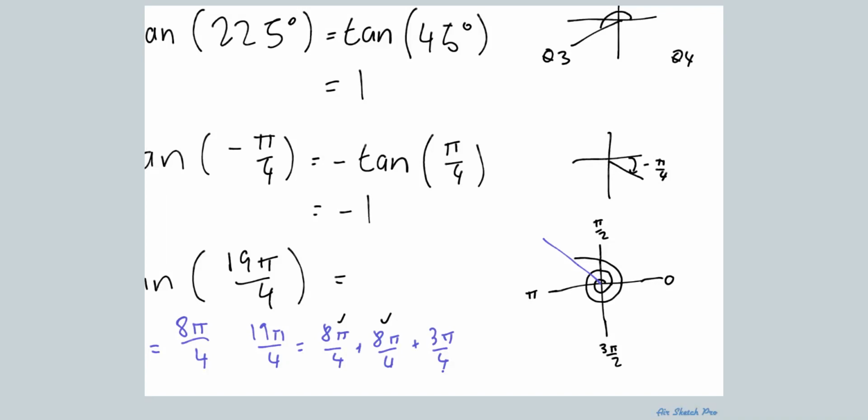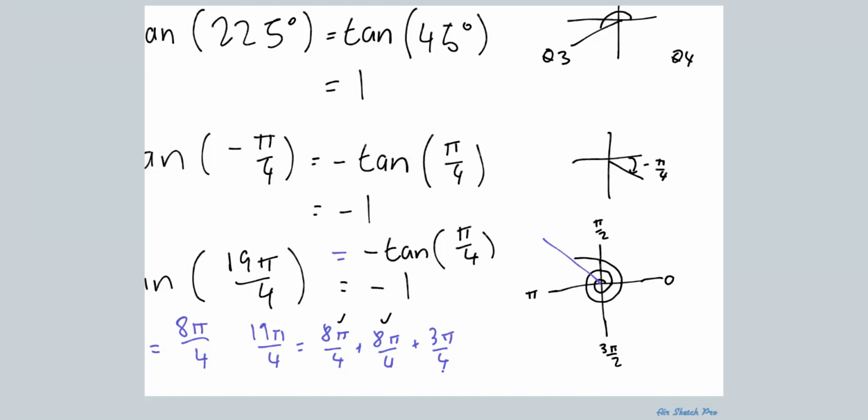I'm going to do it in 2 steps here. It's a bit squishy, I know. So it's going to be equal to negative tan, and then the angle between here and here is just another pi on 4. So it's negative tan pi on 4, negative tan 45 degrees, which is equal to negative 1.